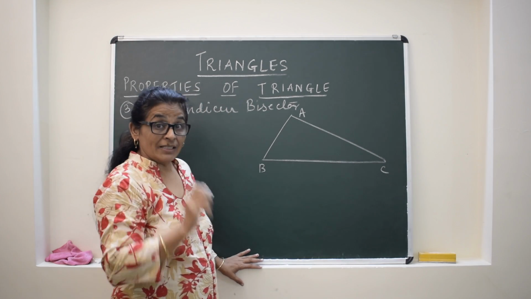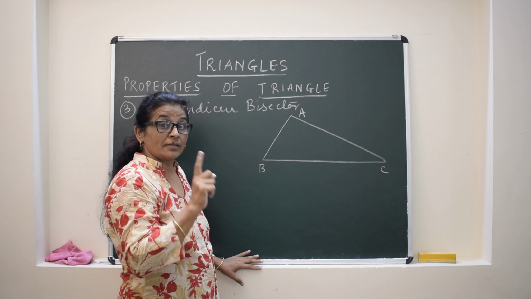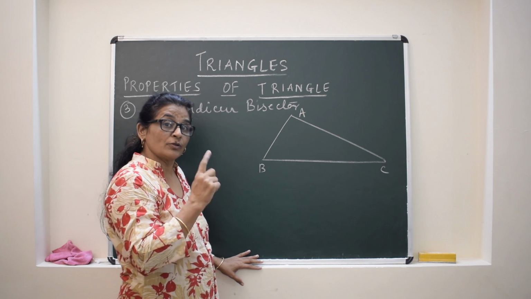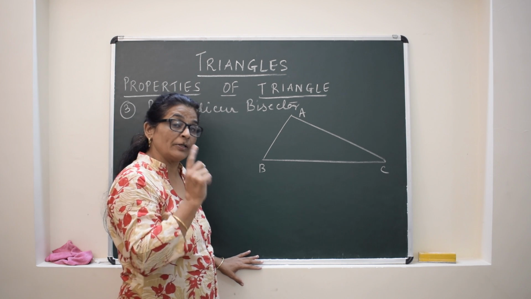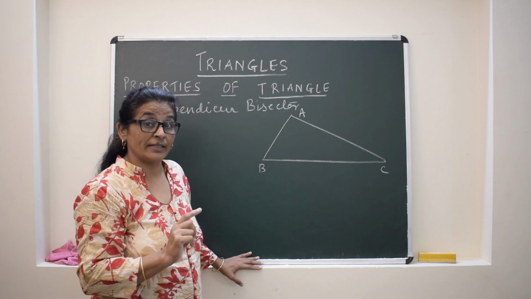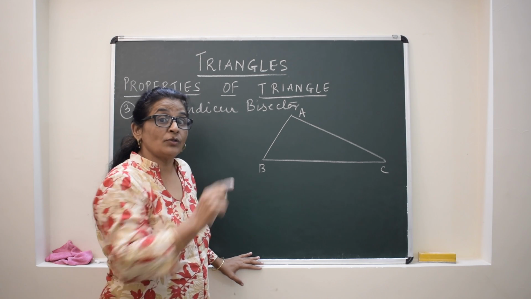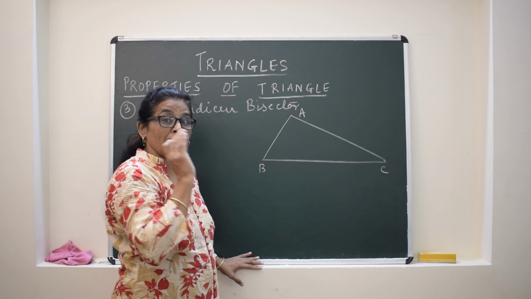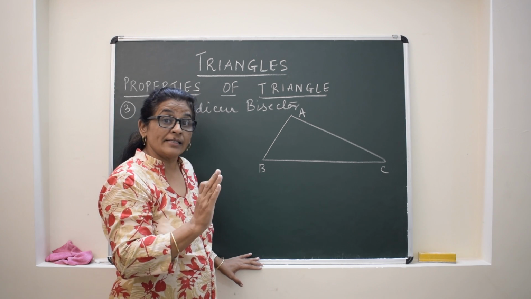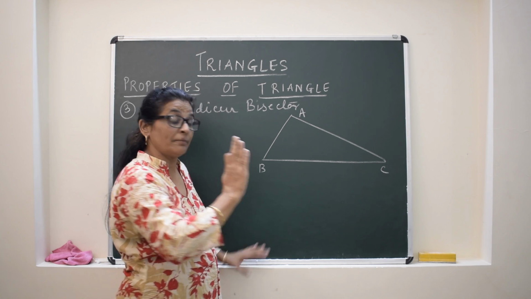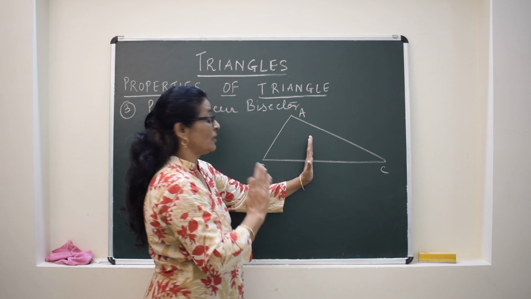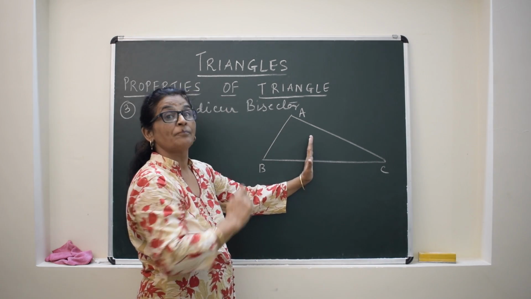Now, the basic difference between perpendicular bisector and altitude. Altitude makes an angle of 90 degrees, and perpendicular bisector also makes an angle of 90 degrees. But altitude comes from the vertex, while a perpendicular bisector is a line segment which is perpendicular and bisects the side, so it may or may not meet the opposite vertex.